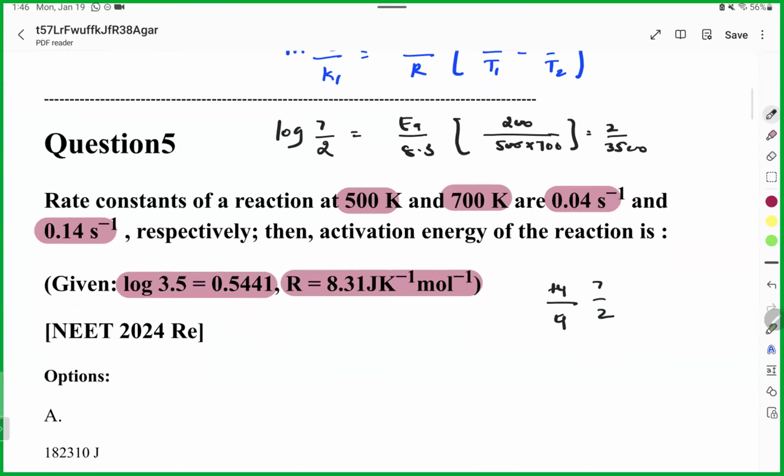You can calculate the approximate value by using this. You can take the other side all the values. 1 by 2, 8.3 divided by 2, 3500. What will be the approximate value? 4 to the 8, around 7000.